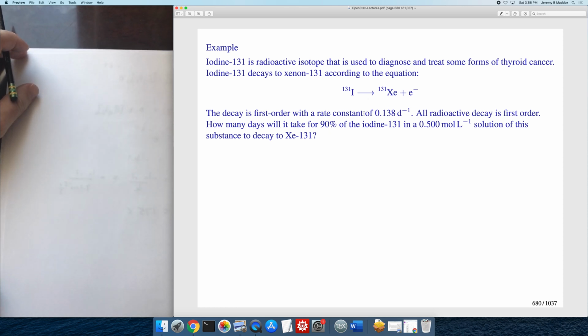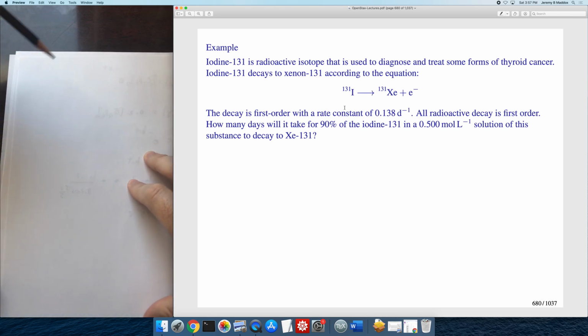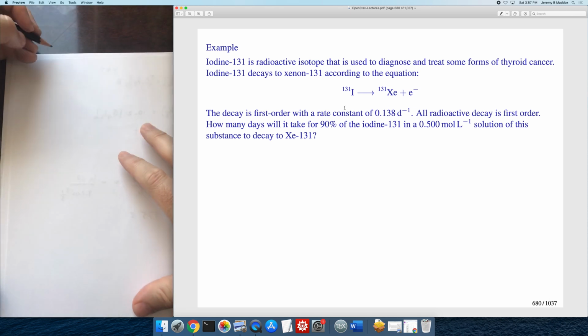First-order kinetics, the decay constant, so the rate constant is 0.138 reciprocal days. How many days will it take for 90% of the iodine-131 in a 0.5 moles per liter solution to decay to xenon? So if 90% has decayed, then 10% remains.